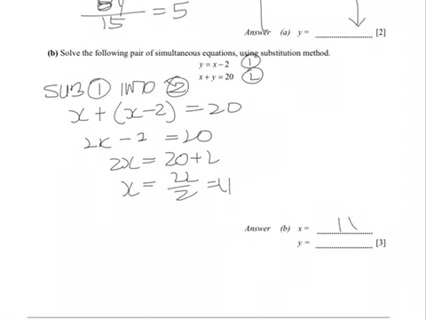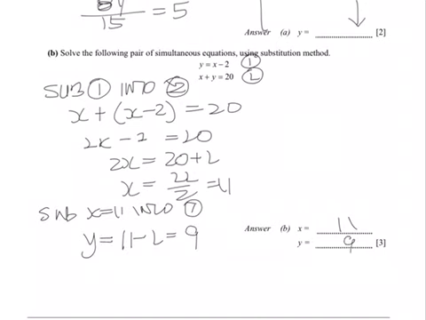Now since I see that x is already written here, and y equals x minus 2, y is the subject, I just use equation 1. Okay, so I substitute x equals 11 into 1. So very sequential. With a few more practice and you get the hang of it. So y equals 11 minus 2, you get 9.